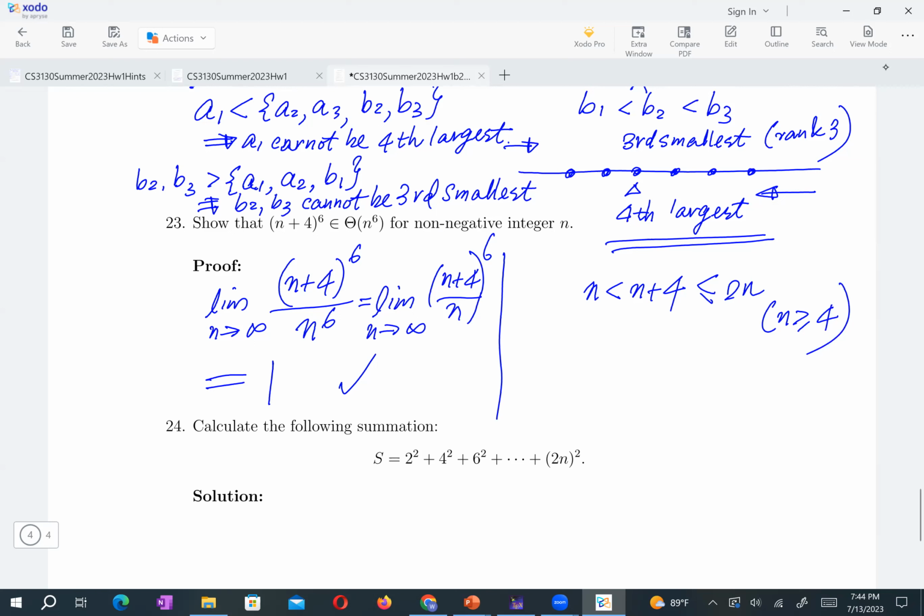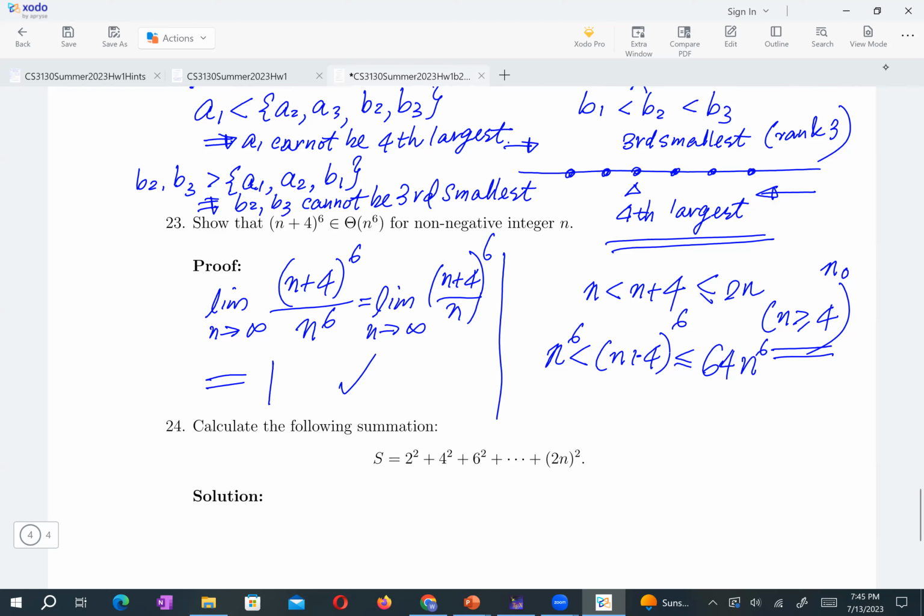Otherwise, you won't have the right inequality. You can specify the range; that's our n0. Then raise to the 6th power: n to the 6th is less than n plus 4 to the 6th, which is less than or equal to 2 to the 6th, that's 64, times n to the 6th.